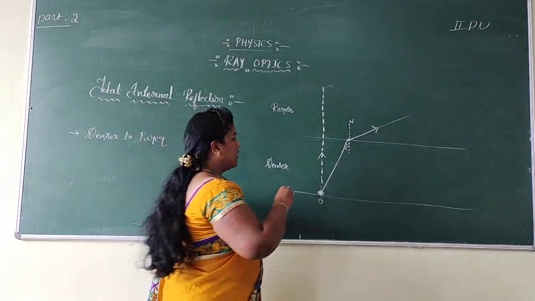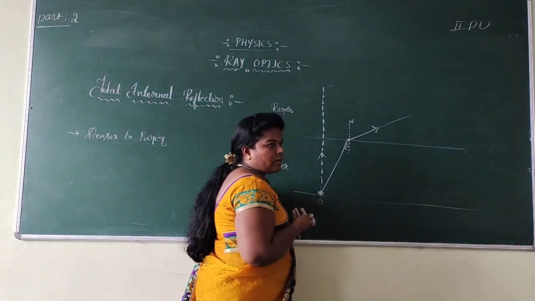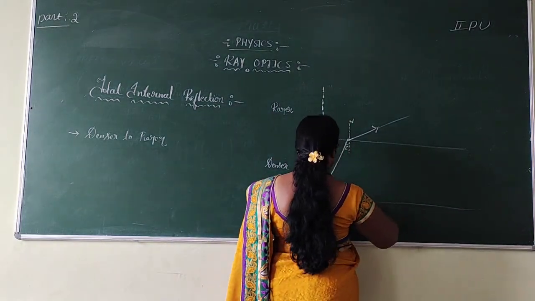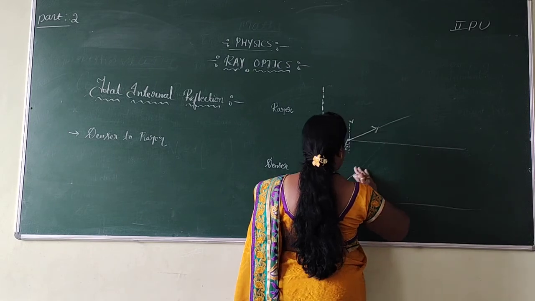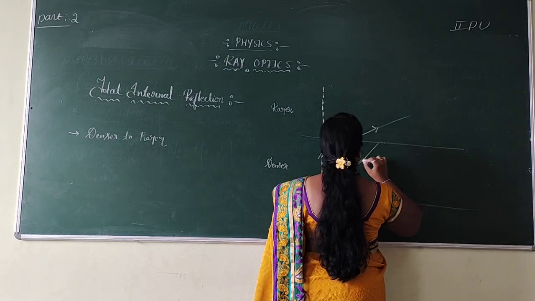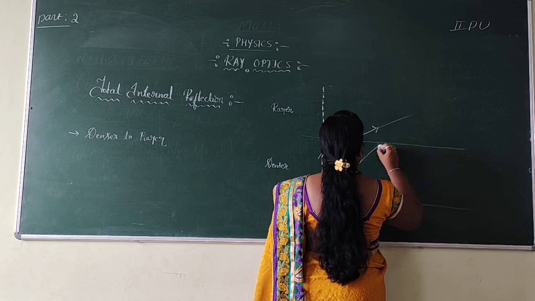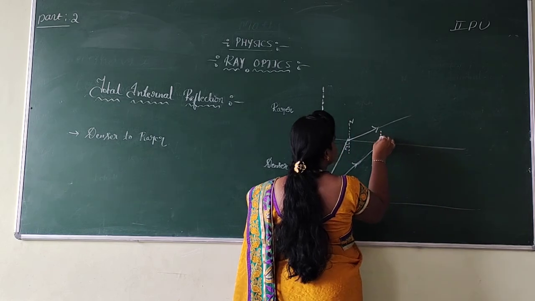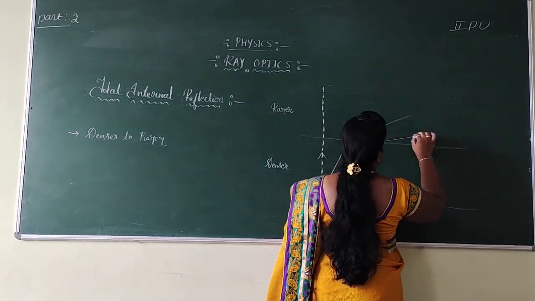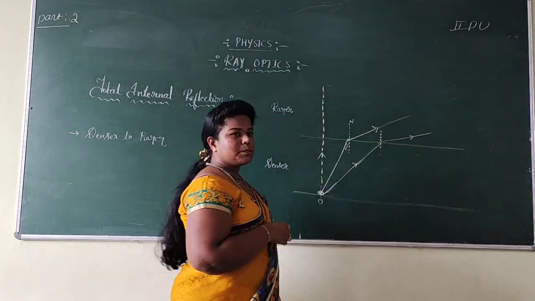Here we are not observing total internal reflection yet, so I am going to increase the angle of incidence. At this position again I draw the normal. Here we observe that still more refraction is possible.